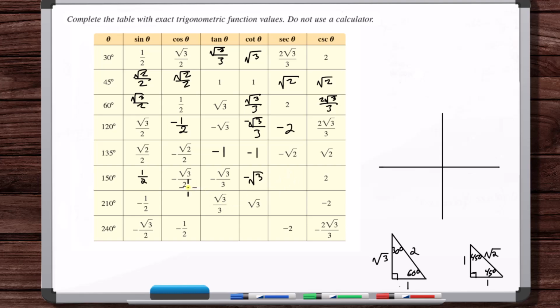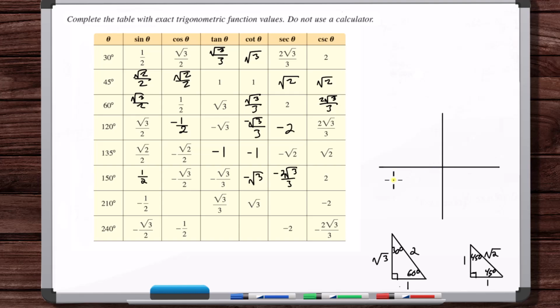So we can just come here, 2 over root 3. That's going to be 2 root 3 over 3. So minus 2 root 3 over 3. So secant of 150, not adjacent over hypotenuse, but hypotenuse over adjacent. This is negative, yeah.